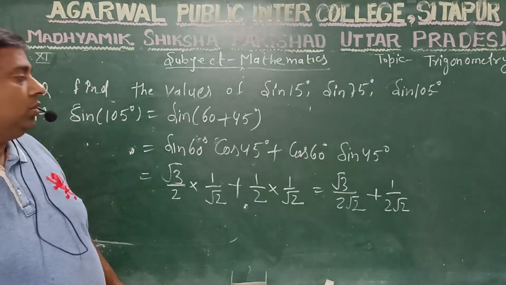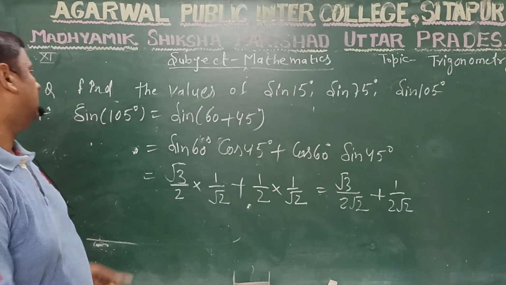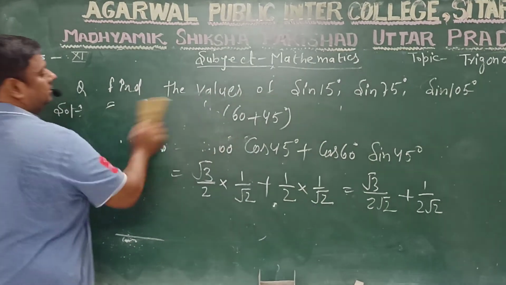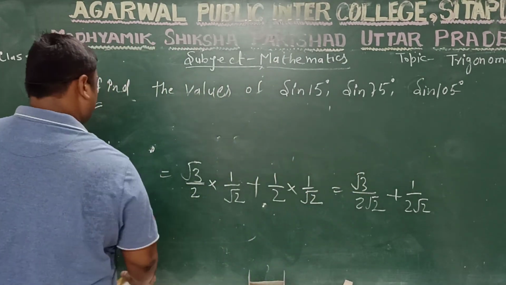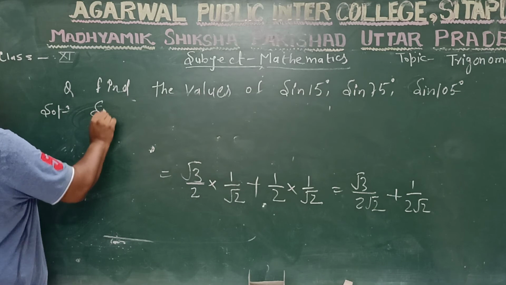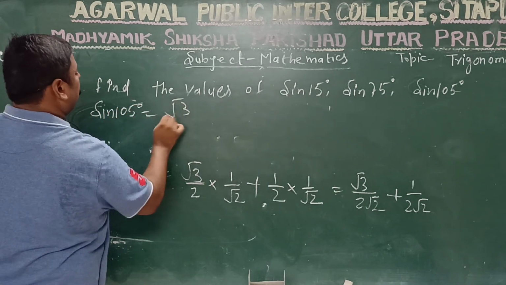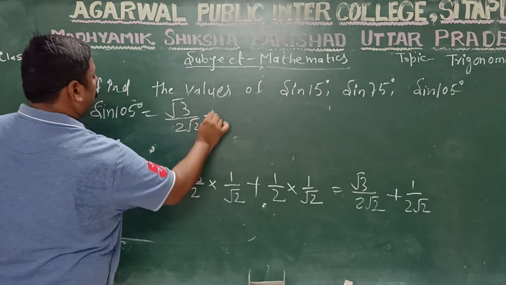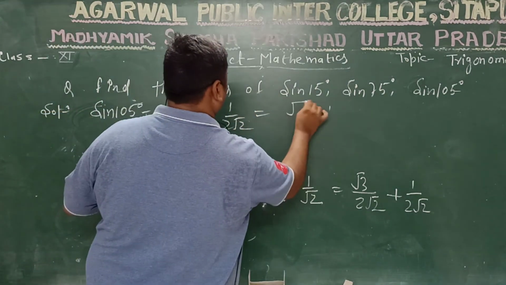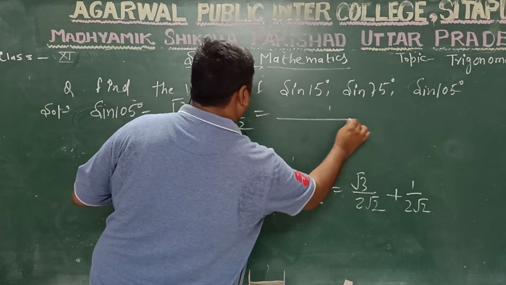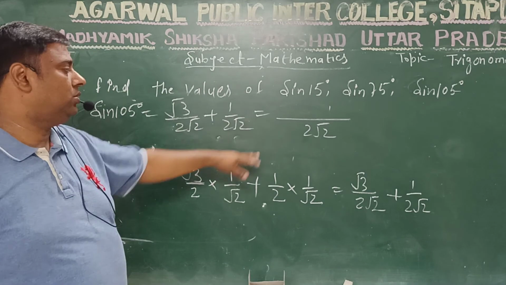Root 3 upon 2 root 2 plus 1 upon 2 root 2. Okay, my dear students. Here we take the LCM, 2 root 2.